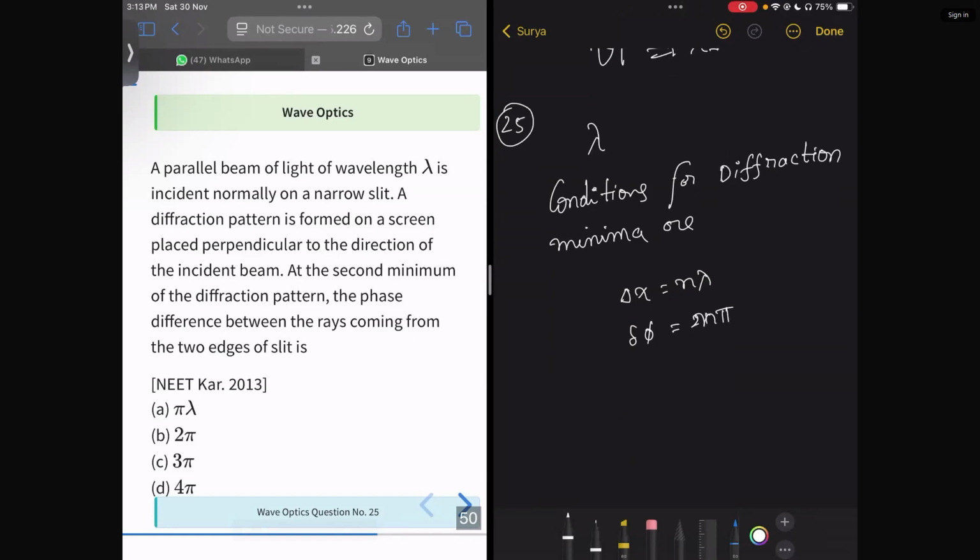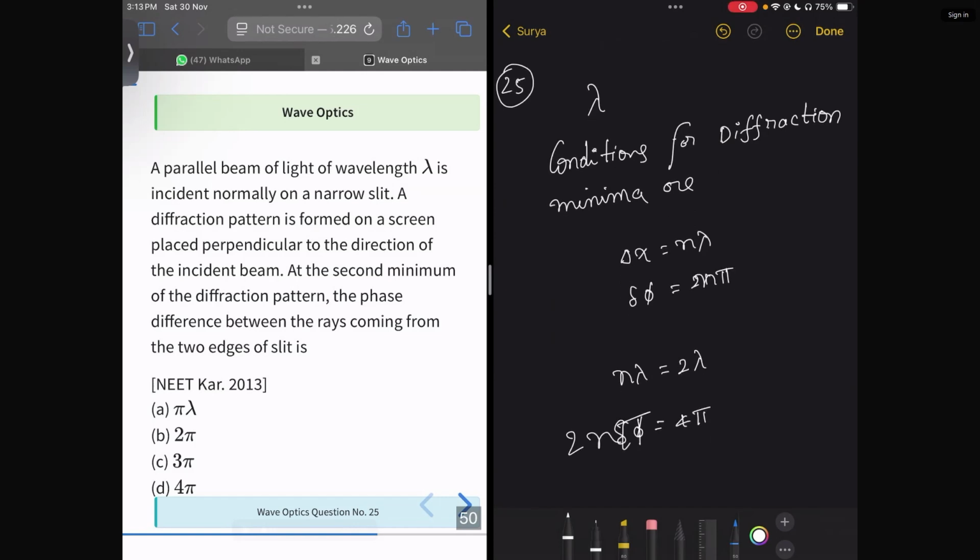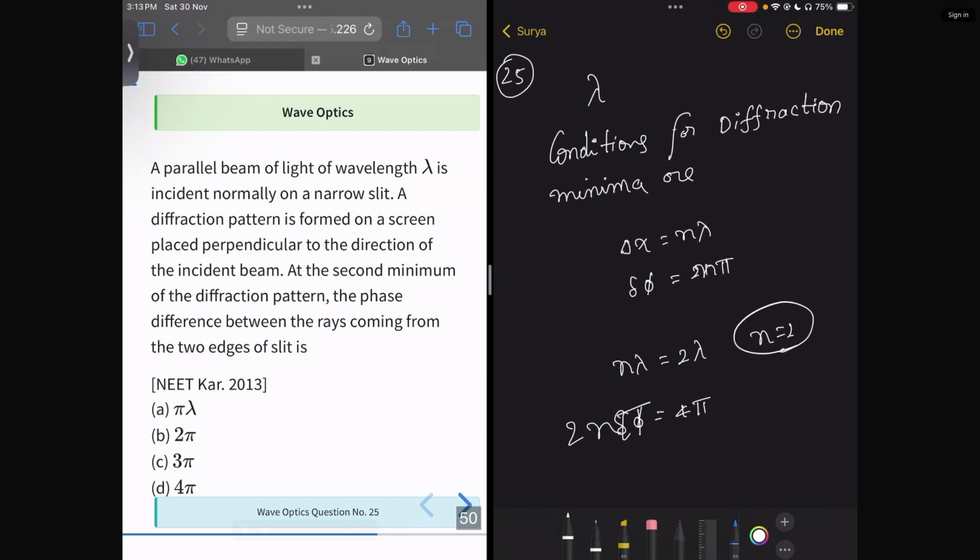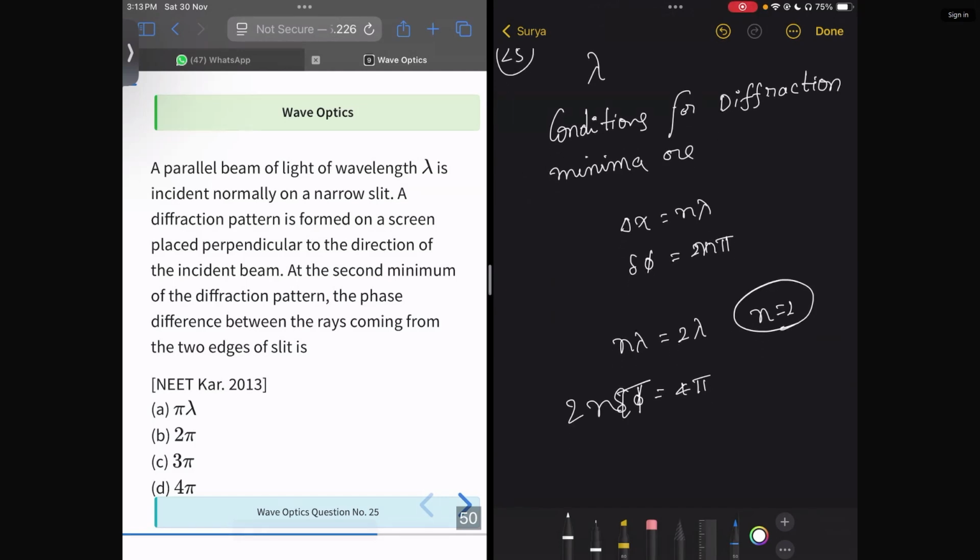So n lambda is equal to 2 lambda, so n is equal to 2. So the phase difference will be 4 pi, since 2 n pi will be 4 pi. So the phase difference becomes 4 pi. So option D is the right answer.